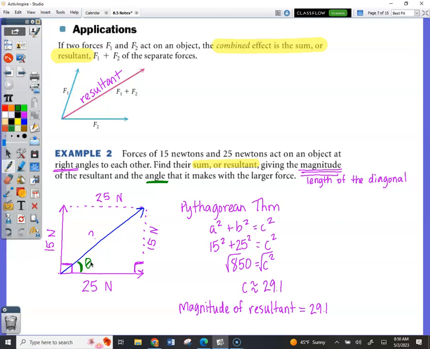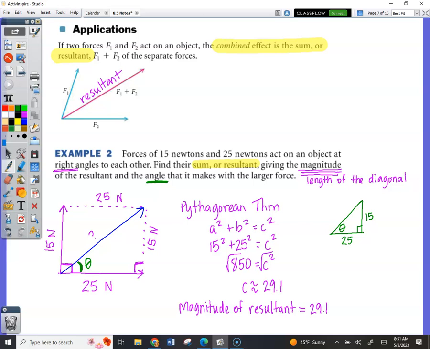Y'all, this is basic geometry. Now, if it bothers you having it in that picture right there, if there's too much stuff, then come over here and just copy the info, that bottom right triangle. You got 25, 15, and then there's theta. So this is a basic geometry problem.